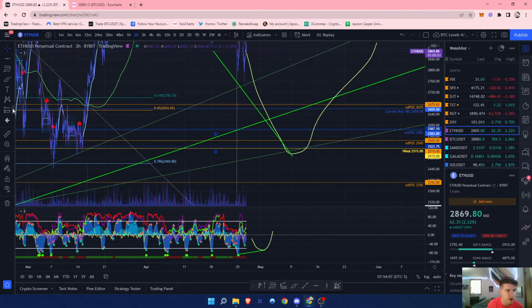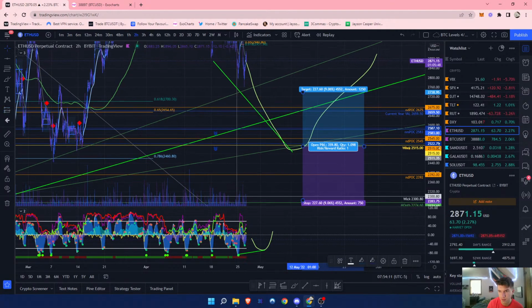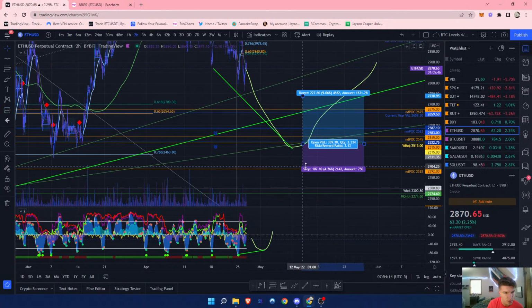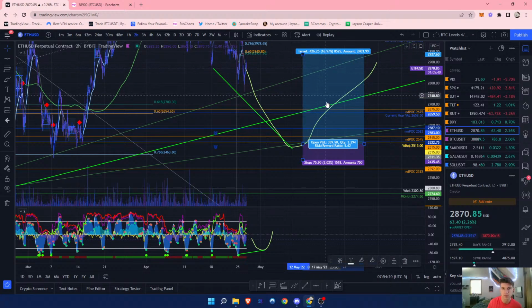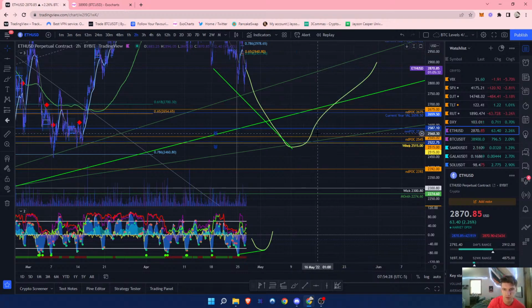So really, if I were to long on this weekly, I'd have a wide stop loss. Put my stop loss way down here. And then the target for it would be essentially pretty big. So very good risk to reward ratio.